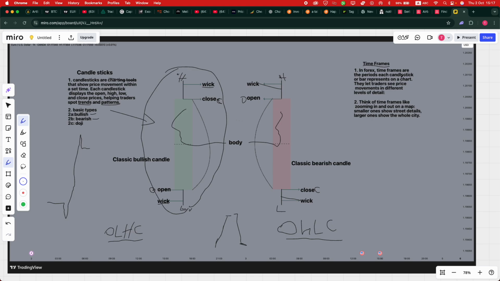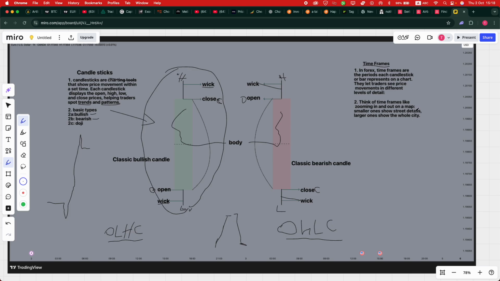They let traders see the price movement in different levels of detail. Break it down. Time frames. Are you looking at the 1 hour? Where are you trading on? 1 hour, 2 hours, 4 hour? Think of a time frame like zooming in and out on a map.